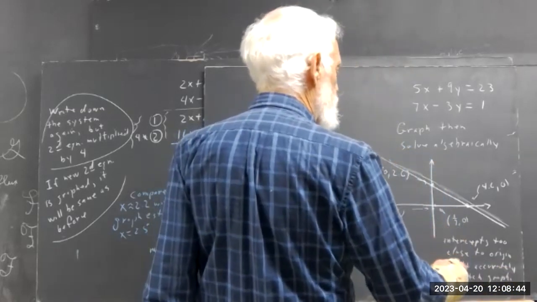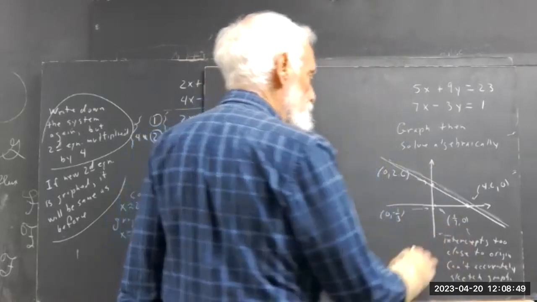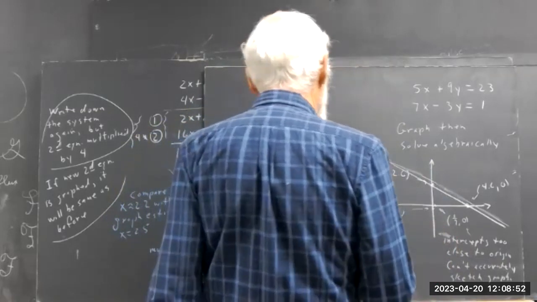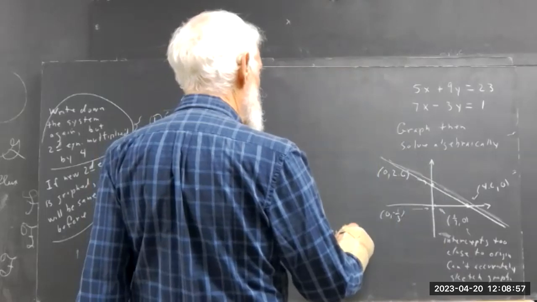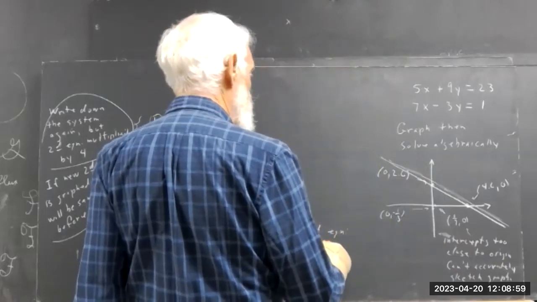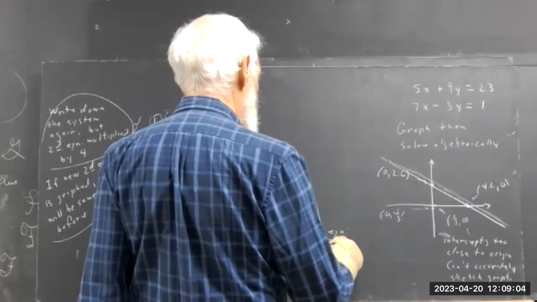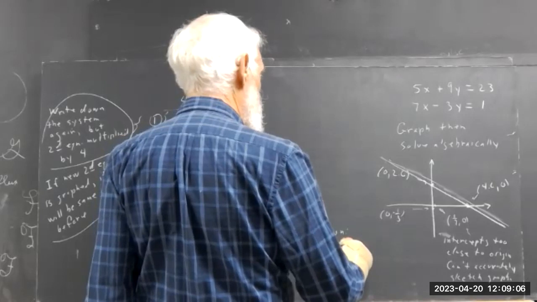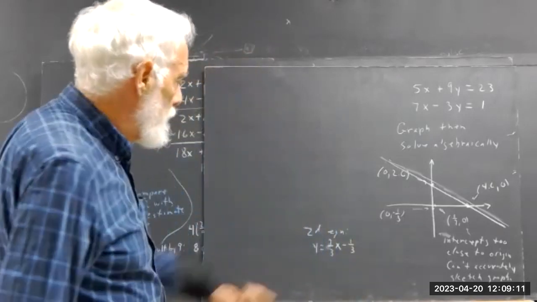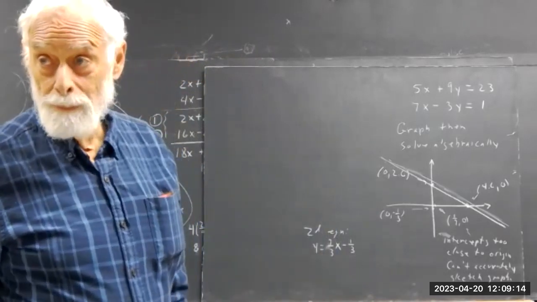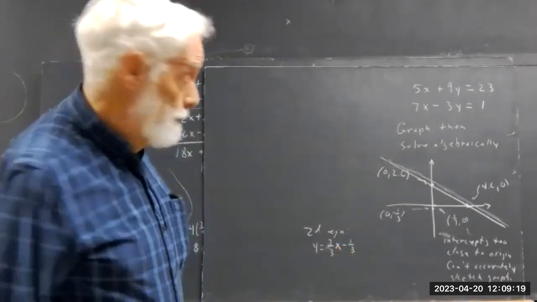The intercepts here for the second equation are just too close to the origin. So what we do is we put it in slope intercept form. Slope is 7/3, y-intercept is -1/3.